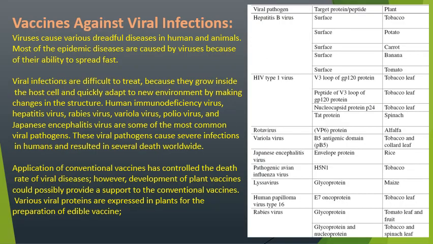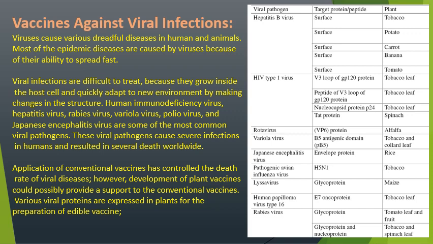Now we will talk about the plant vaccines which worked against some deadly viral infections. Viruses cause various dreadful diseases in humans and animals. Most epidemic diseases are caused by viruses because of their ability to spread so fast.